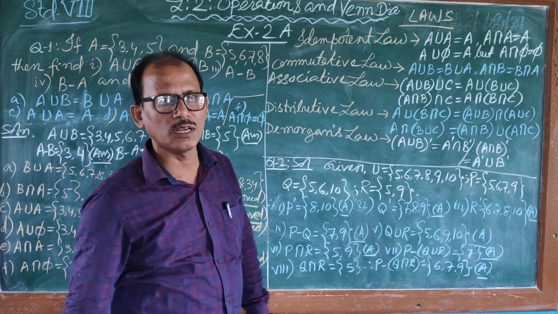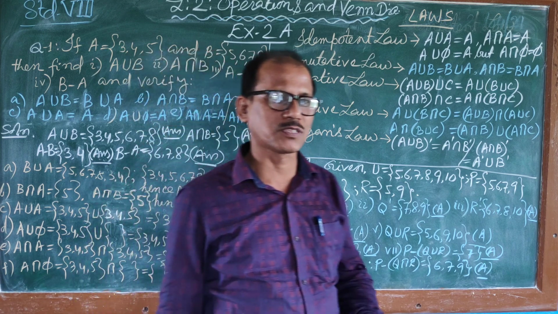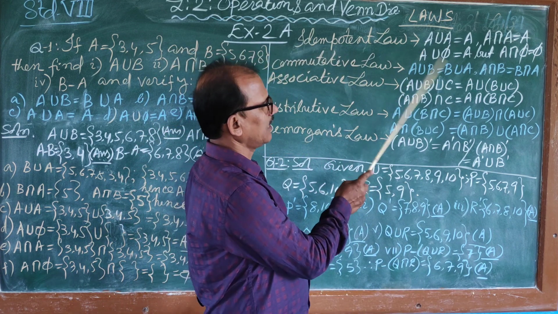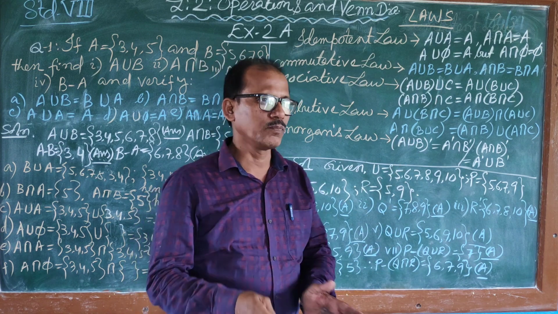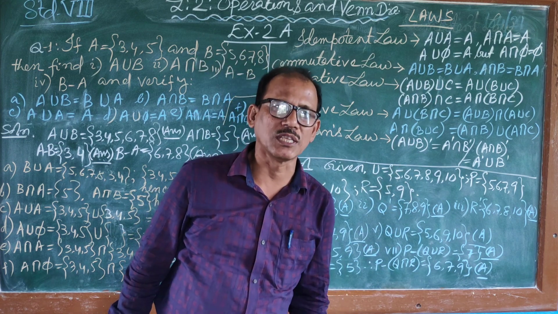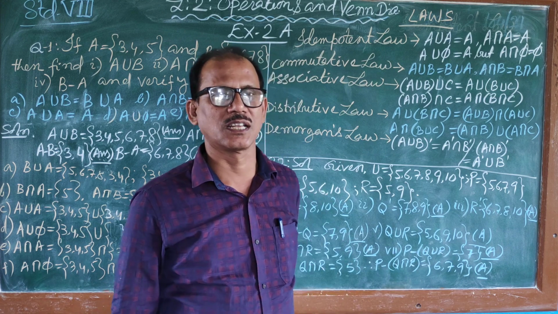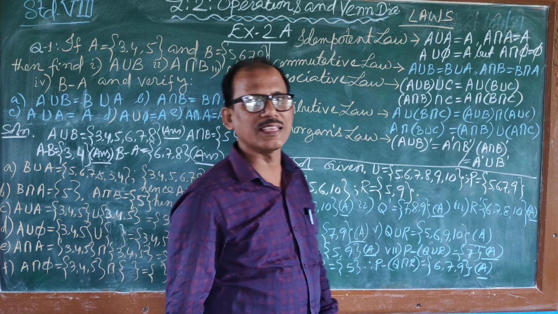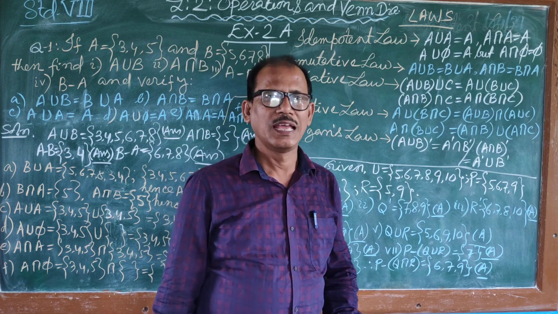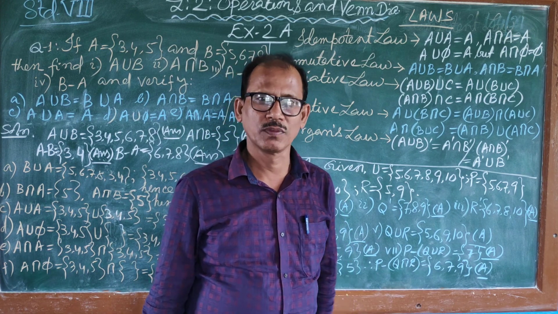It says, for a set A, A union A. What is union? If a set is unioned with itself, that will be the set itself, isn't it? Suppose I give an example. Suppose set A has elements 1 and 2.